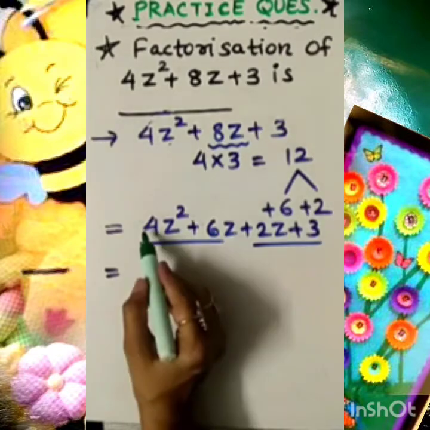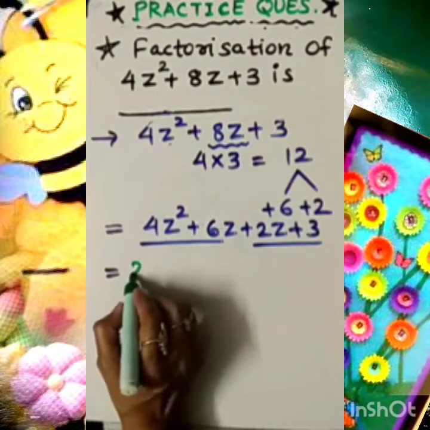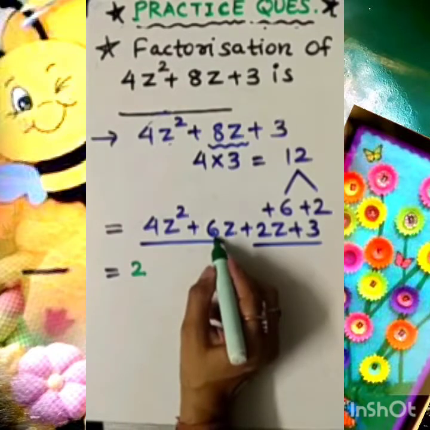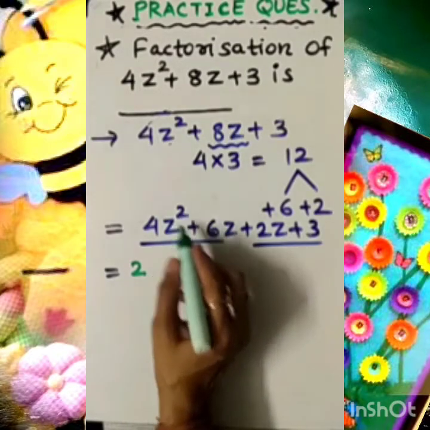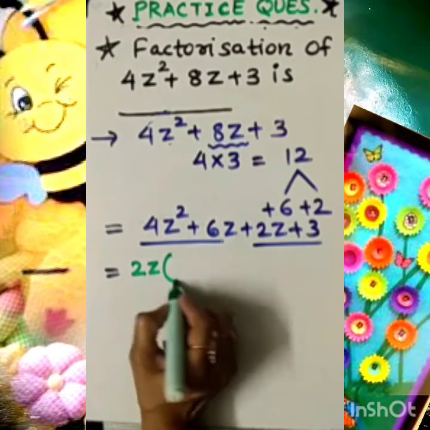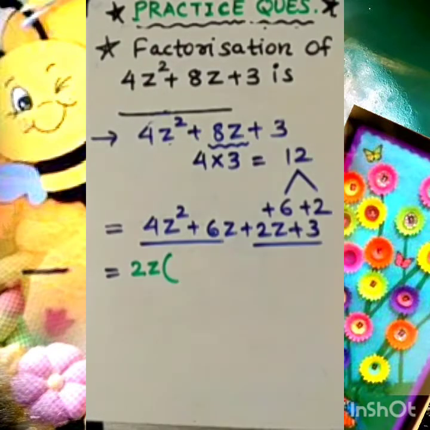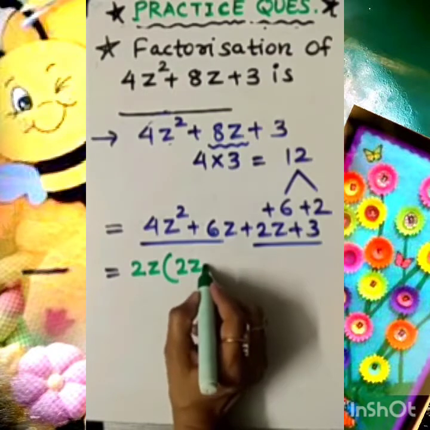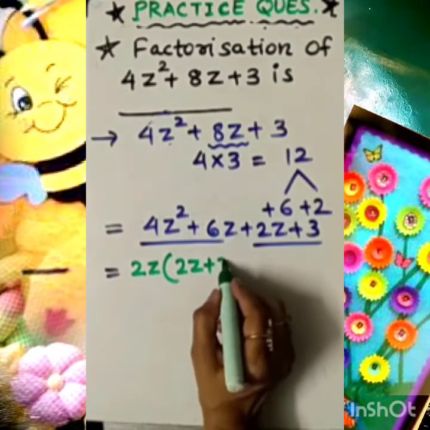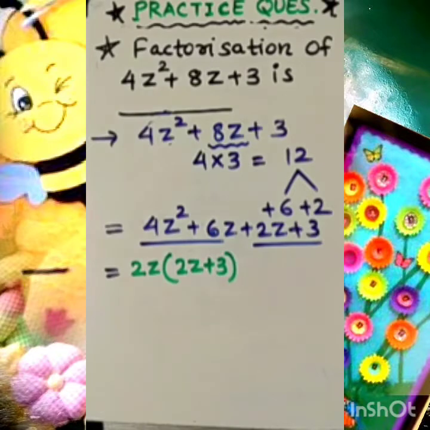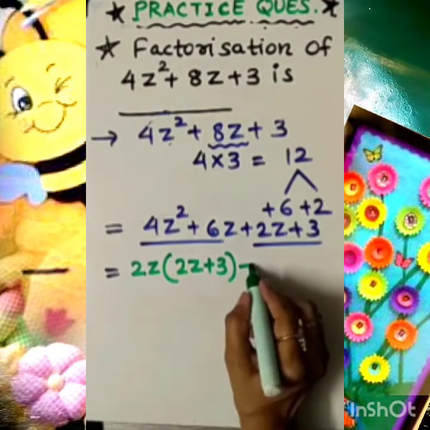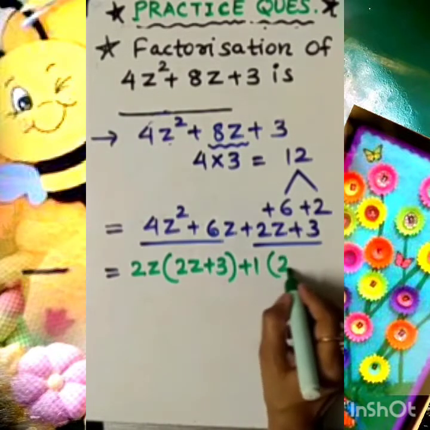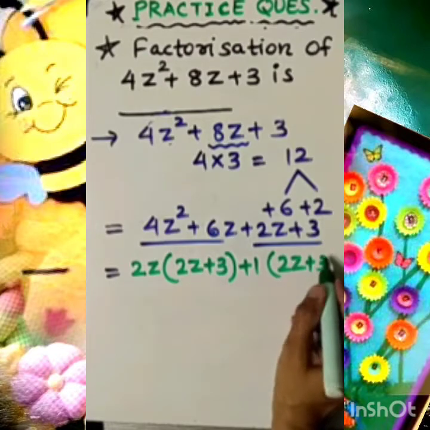From 4 and 6, what is common? Of course 2. 2 twos are 4, 2 threes are 6. Between z square and z, the lowest term is z, common. What will be left inside? 2z will be left, and 3 will be left. And from the other two terms, 1 is common, so 2z plus 3 will be left.